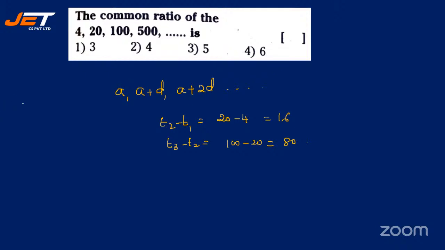So how do you find out whether it is GP? T2 by T1, that is 20 by 4, which is 5. Next, T3 by T2, 100 by 20, which is 5. See, the common ratios are the same.